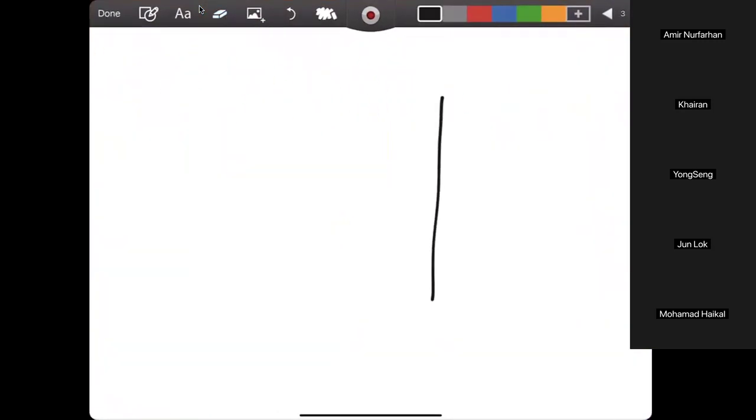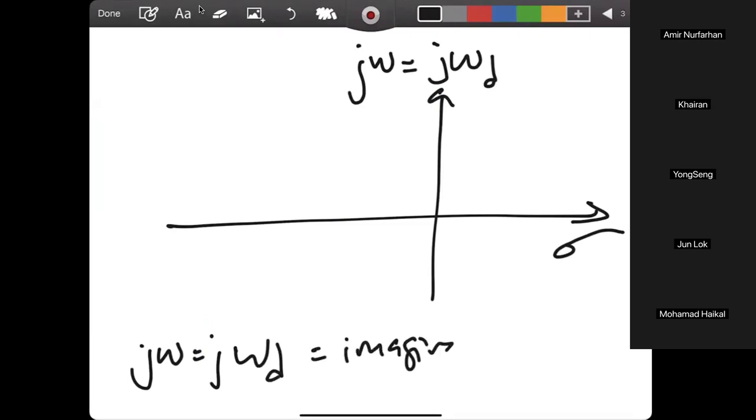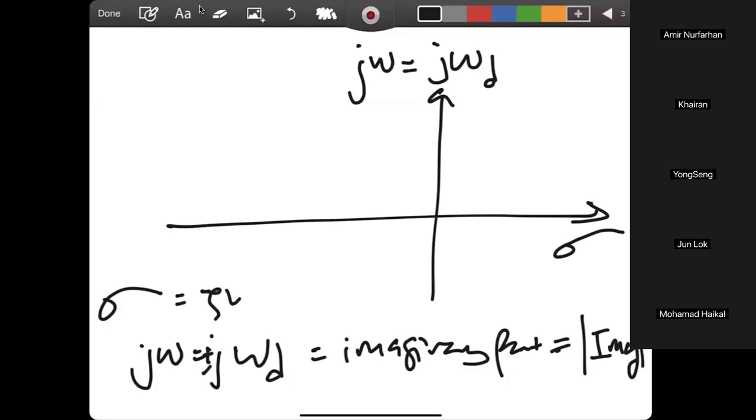So this is the j omega d, this is the imaginary part. And this one, minus zeta omega n, we call it the real part.